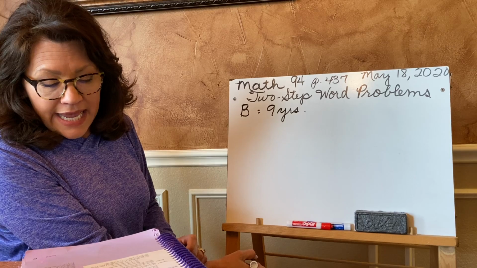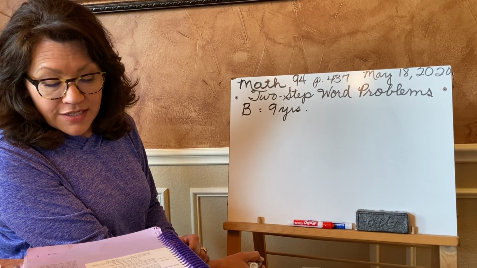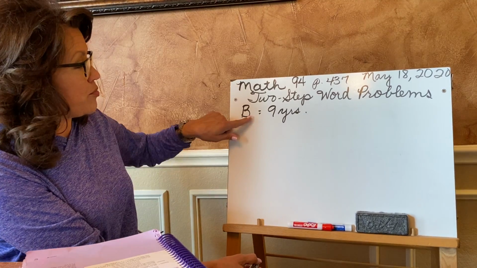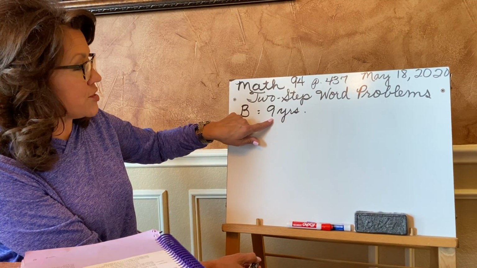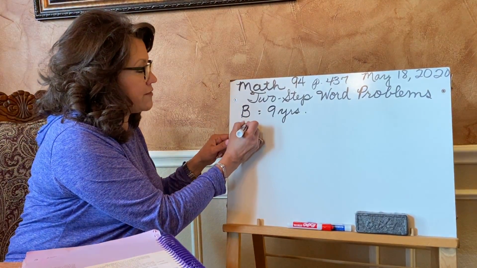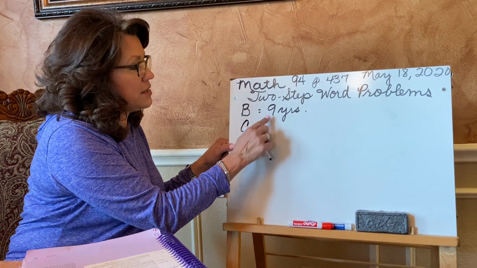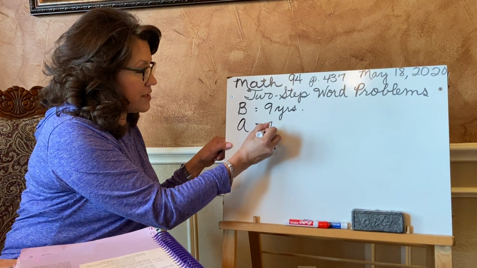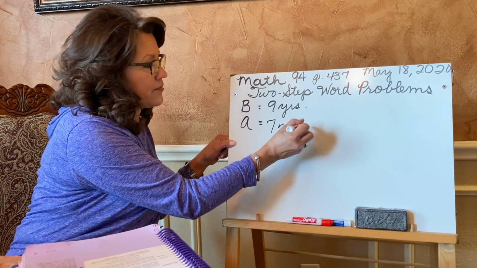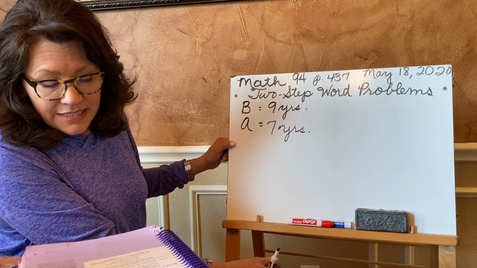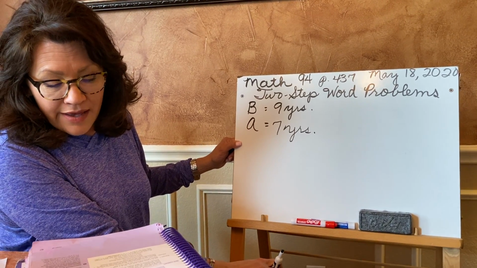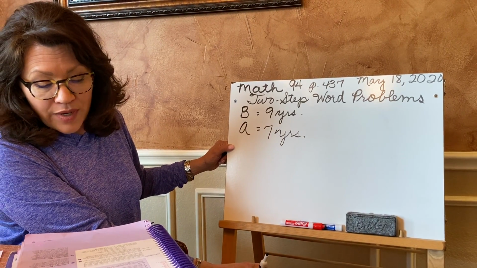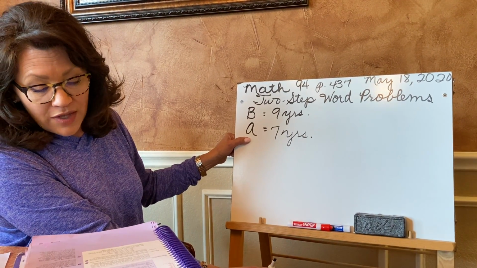It says Allie is 2 years younger than Blanca. If Blanca's 9 years old and Allie's 2 years younger, what do we have to do? We have to subtract. What's 9 minus 2? Everybody? 7. Then it says Jim is 5 years older than Allie, so we have to use Allie's age to calculate Jim's age.